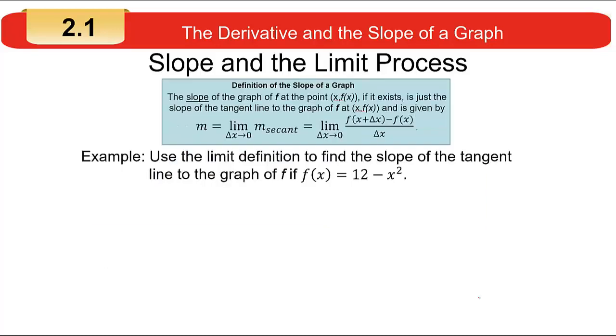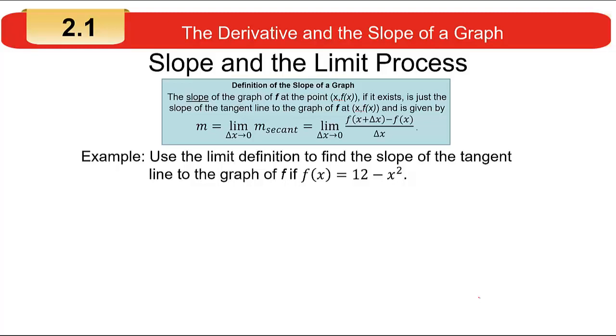I want to work an example of using this definition to find the slope of the tangent line. Keep in mind, though, as I said earlier, we're going to find formulas that allow us to bypass this method.